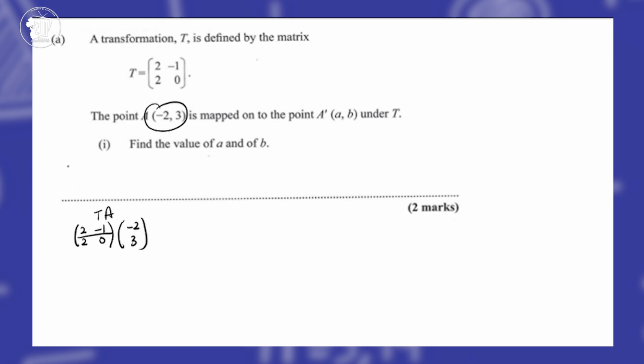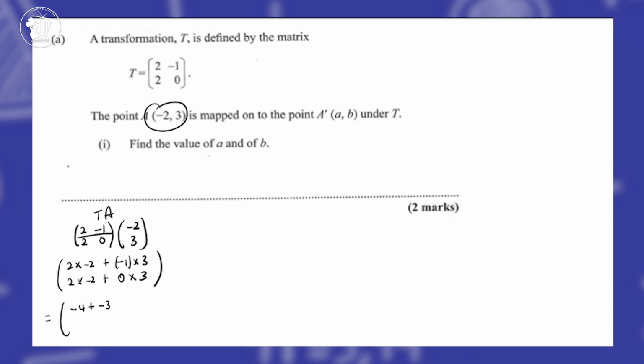So it's row by column: this will be 2 times -2 plus -1 multiplied by 3, and then the other row, which is 2 times -2 plus 0 multiplied by 3. When we work this out, 2 times -2 is -4, plus -1 times 3 is -3.